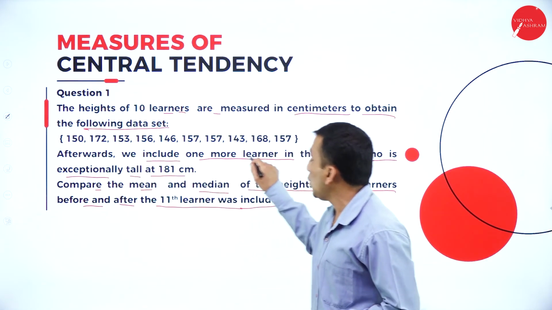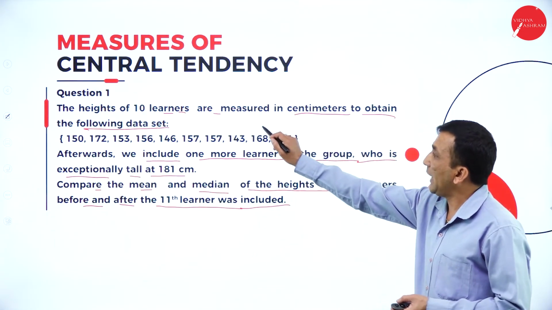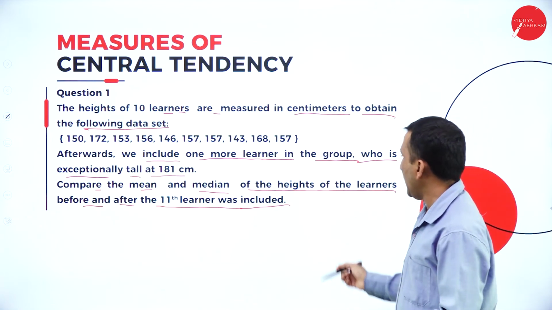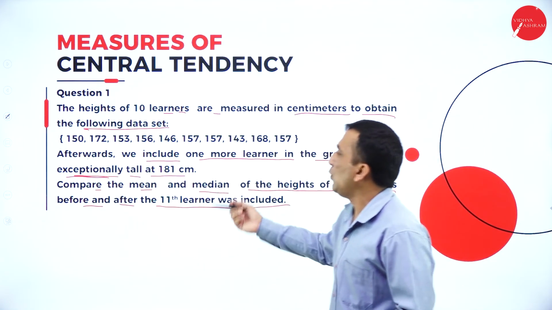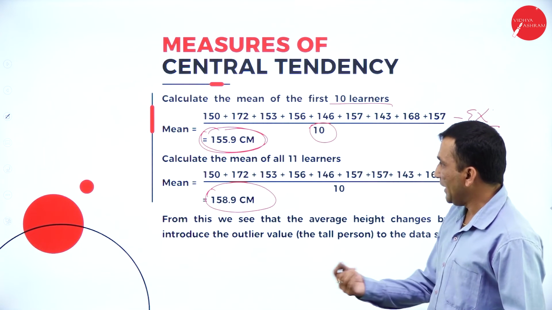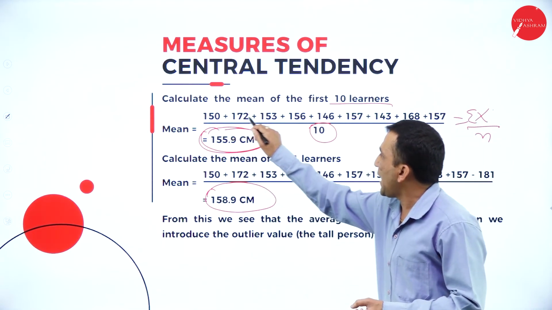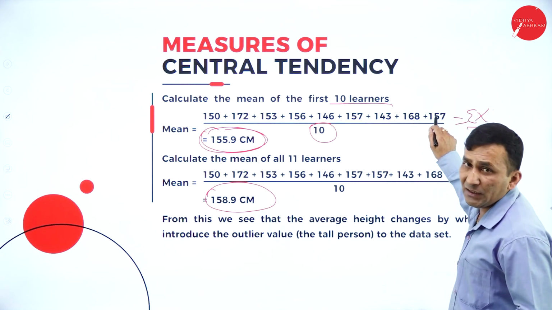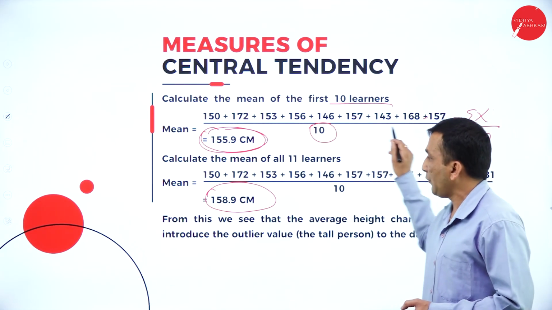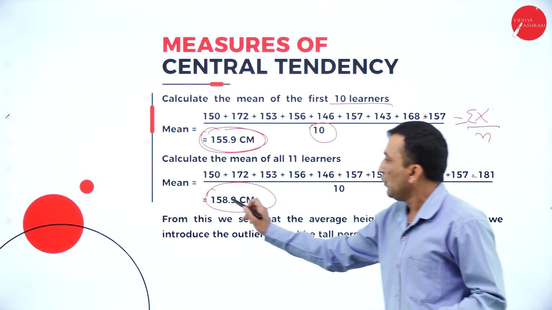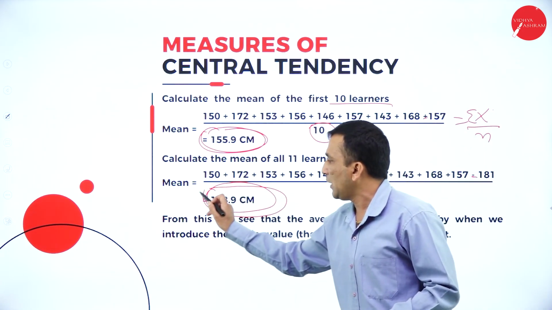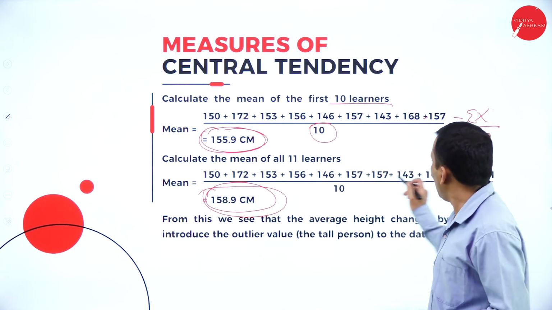There is one more piece of information. After we include one more learner, that is 10 plus 1, 11 learners, who is exceptionally tall, 180 centimeters. In this case, the same total of the 10 learners, minus 181, gives a mean value of 155. Why minus?